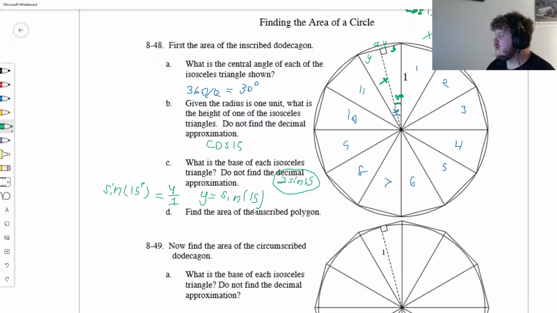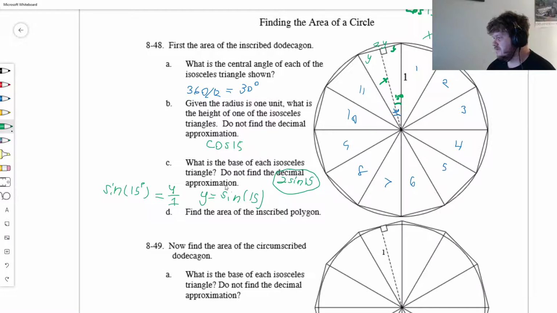Now what we need to do is find the area of each inscribed polygon. We have both the height and the base for each of these triangles, so we can find the area of one triangle and multiply it by 12 to get the full area of our object.